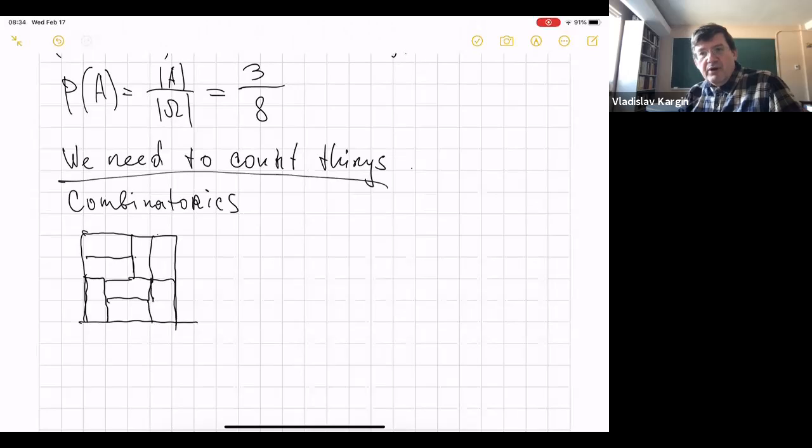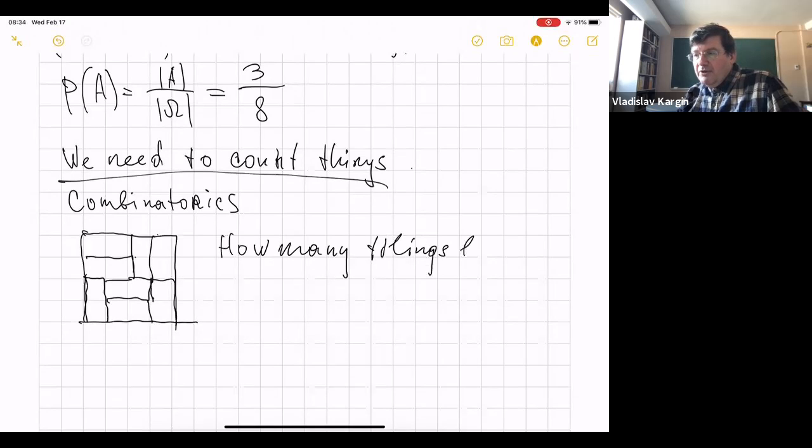You'll need to figure out how to do the enumeration, but in general it will be difficult. So how many tilings by dominoes? Right, and in this case it's difficult.